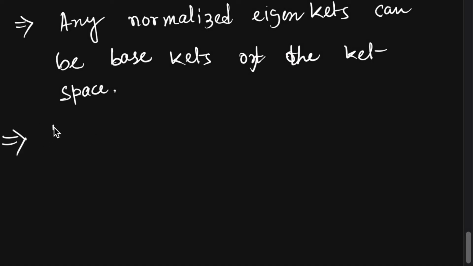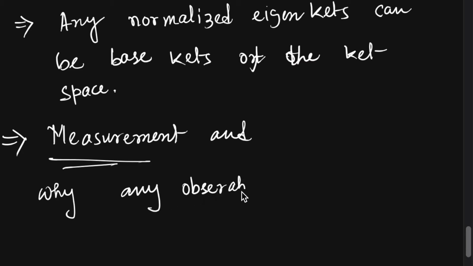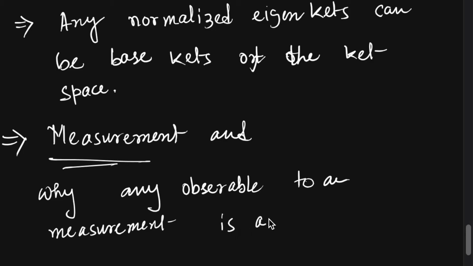Now we'll see what measurement does on a state and why any observable corresponding to a measurement is a Hermitian operator.